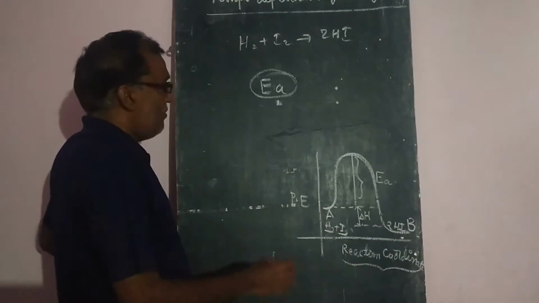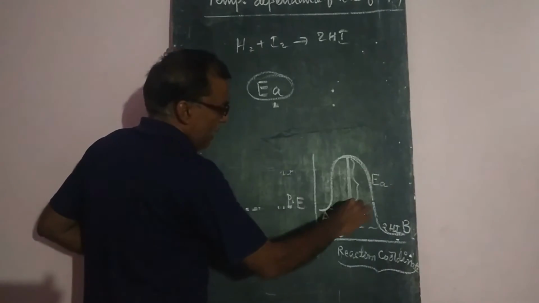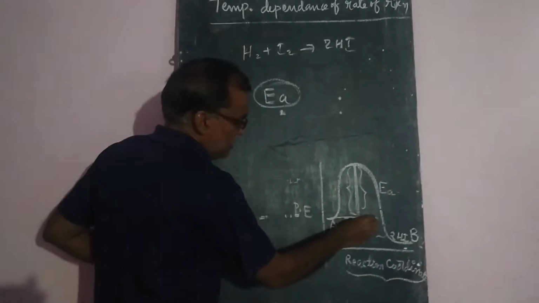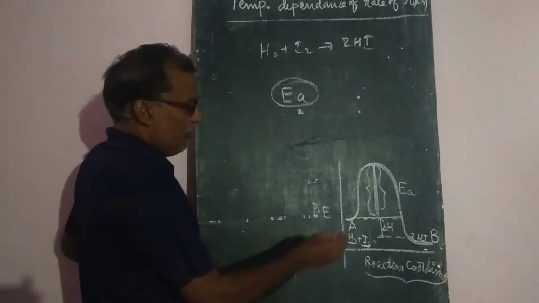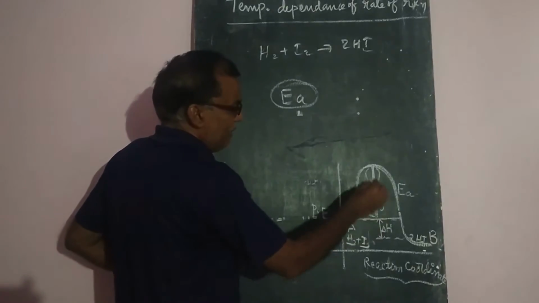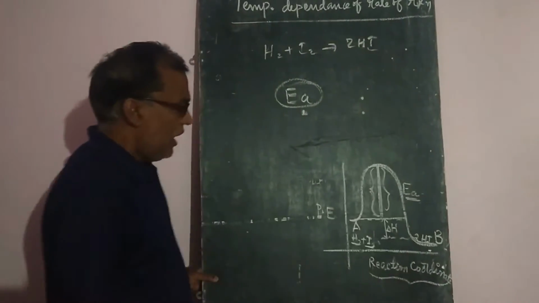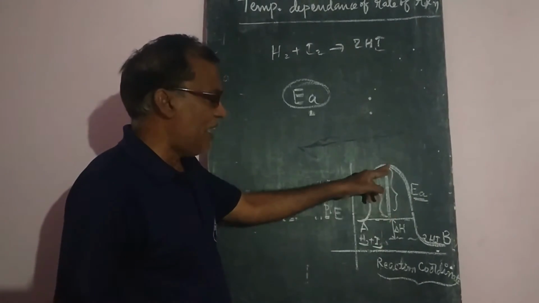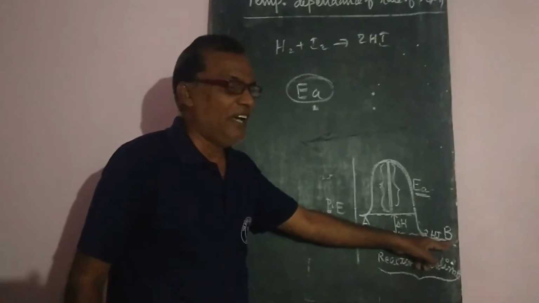But when the temperature rises or energy is supplied, this graph shows it. Actually, this is the path of the formation of hydrogen iodide generally. If you supply energy, whatever energy is supplied is called the activation energy. Then the molecules collide with each other and form more hydrogen iodide.